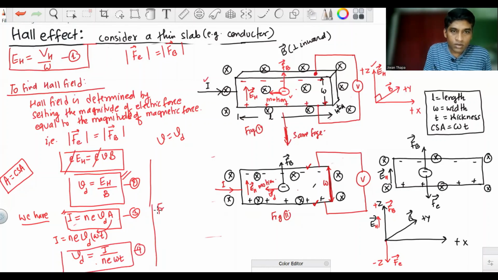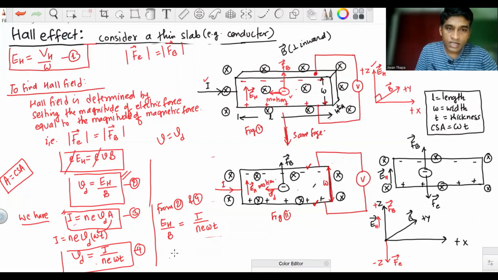Now, from 2 and 4, we can write EH by B equals I by NE WT. Clear?